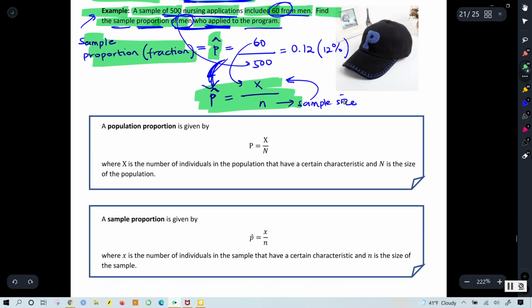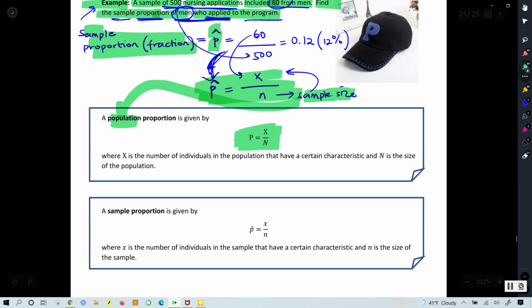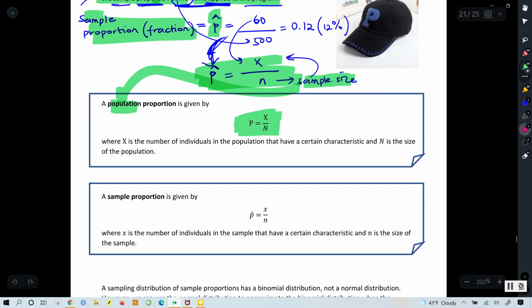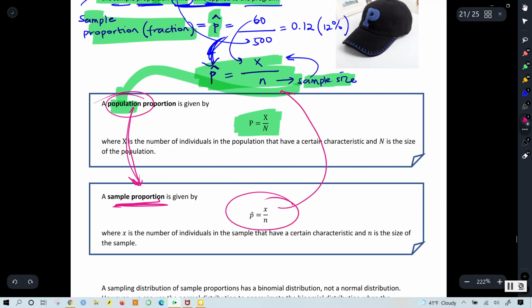As much as it can be defined for a sample which is a part of a population, so can we define it for the entire population if we are able to access the entire population. However, in reality, we know that the entire population may not be accessible, and so usually we estimate the population proportion using the sample proportion, hence this formula.